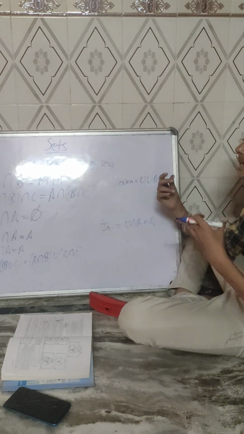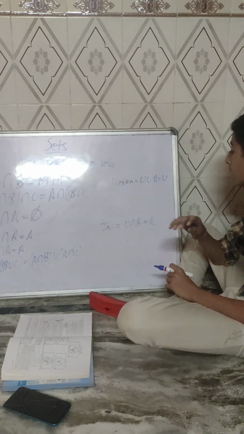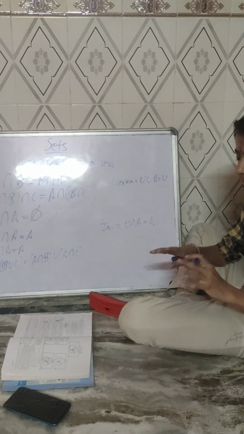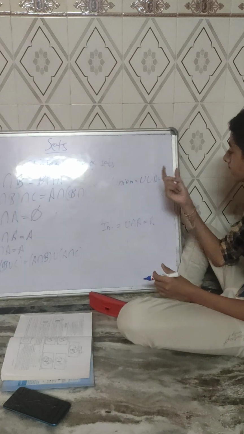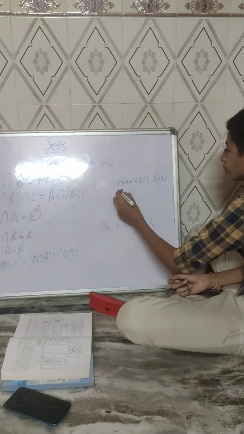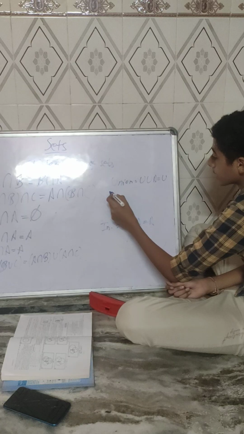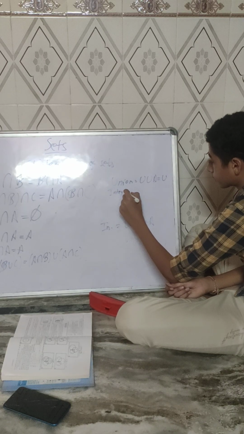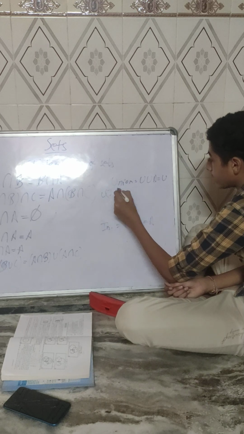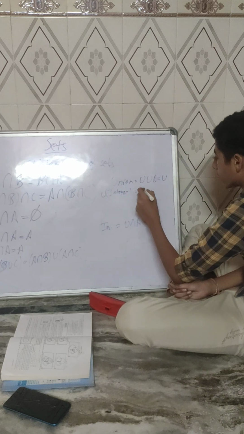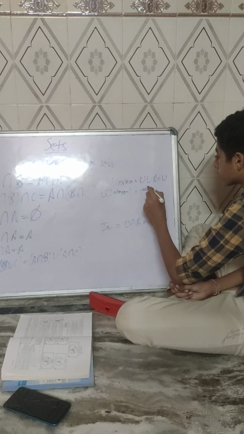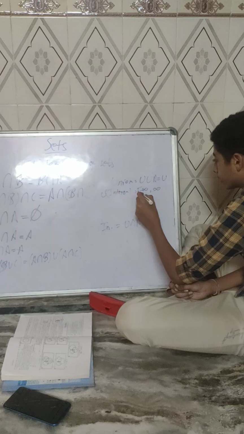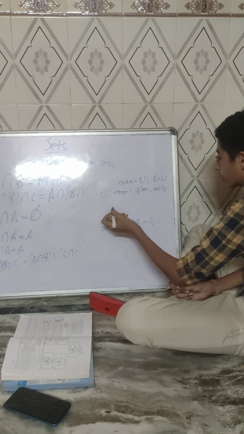It will not have any element to add. Let's take an example: a universal set of integers, from minus infinity to positive infinity. This will be our set U.